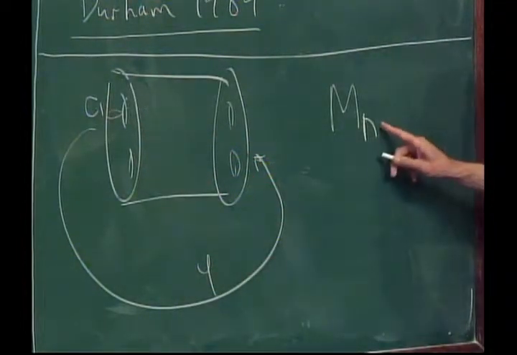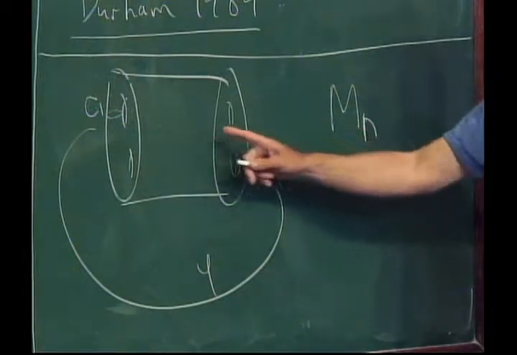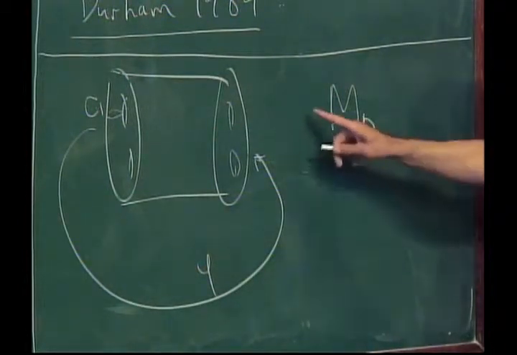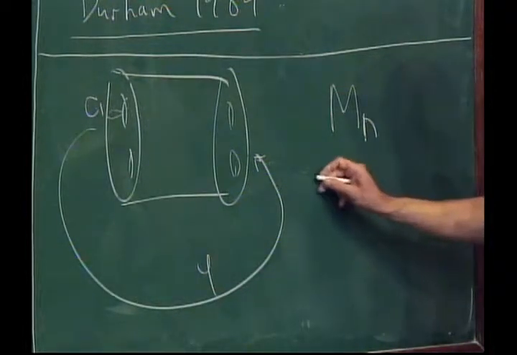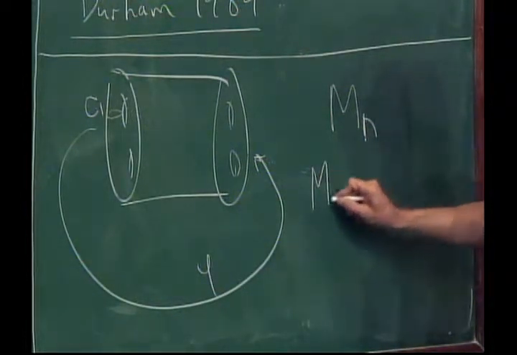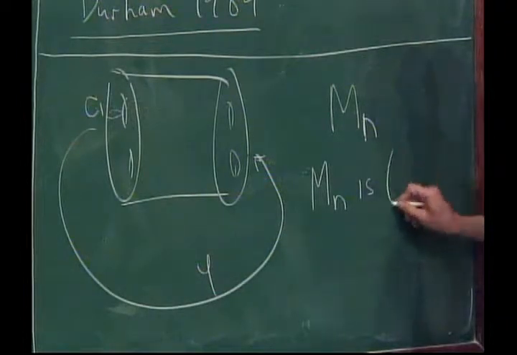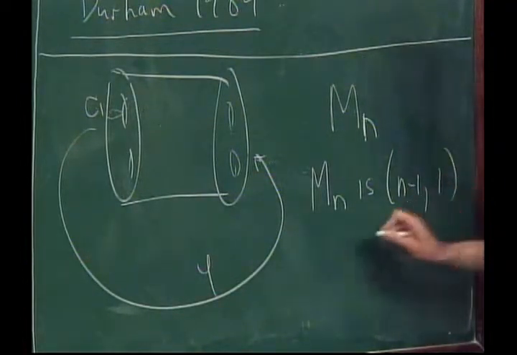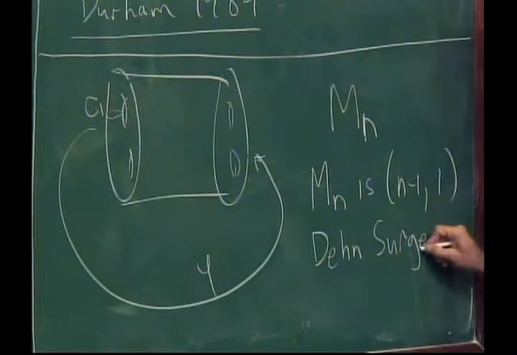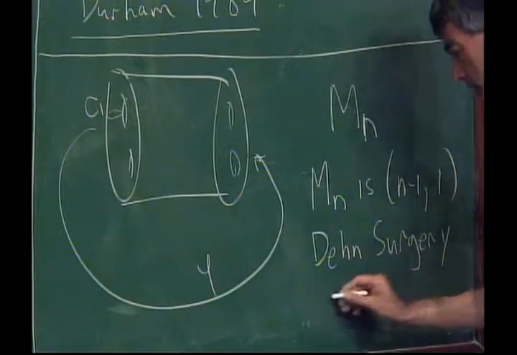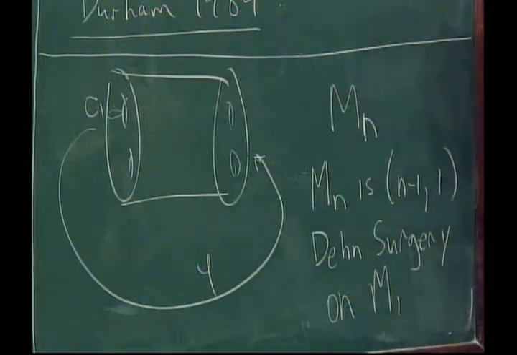These manifolds Mn are related. They're clearly all fibered over the circle, and they're all hyperbolic. In fact, Mn is 1 over n Dehn surgery on M1.